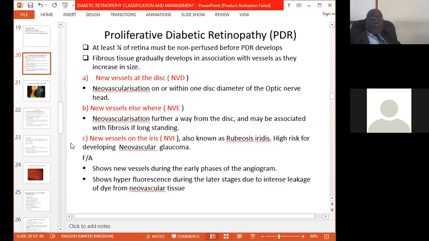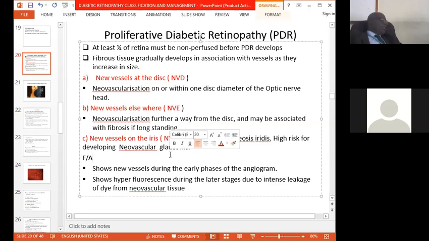This is called NVE. There is NVD, new vessels on the disc. NVE, new vessels elsewhere, away from the disc. Or NVI, new vessels on the iris. So these are the three possible sites where you can detect neovascularization.